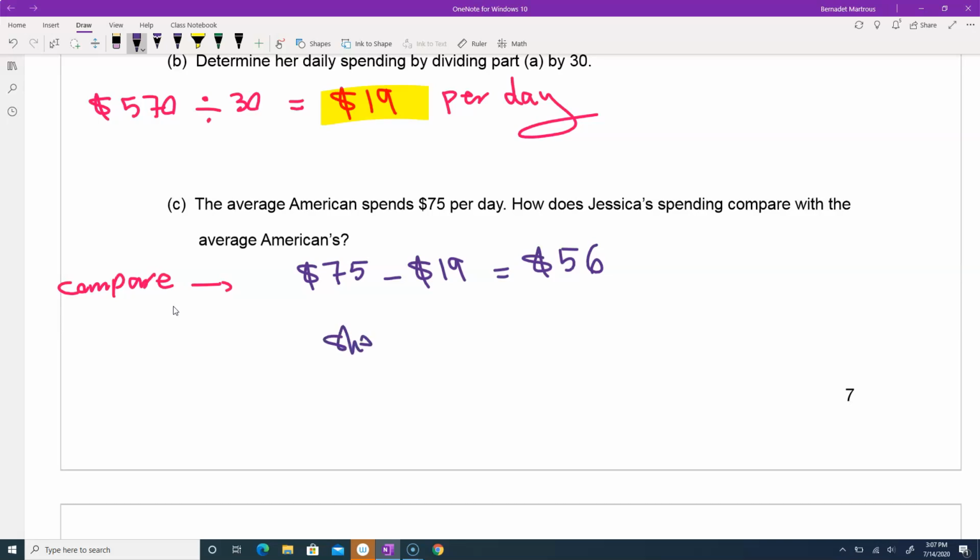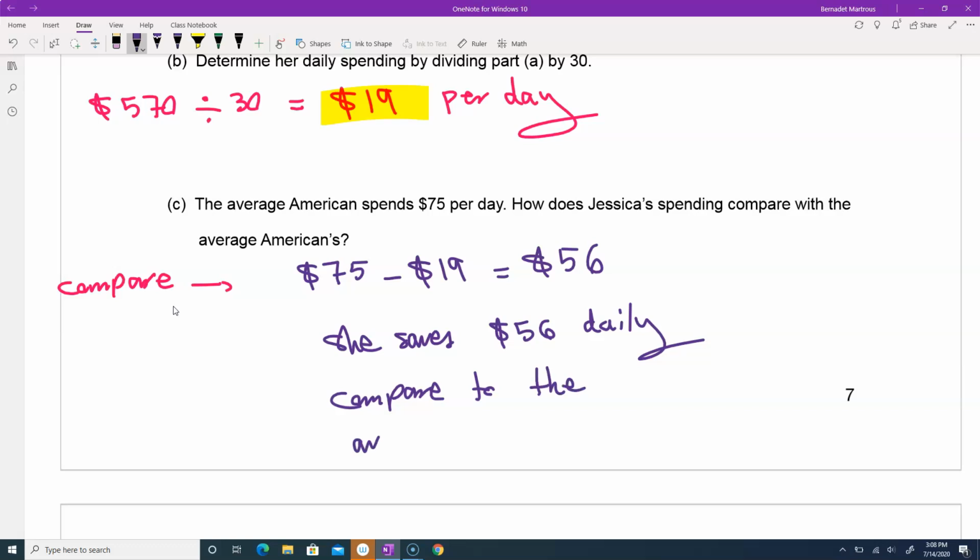So she saves this much daily compared to the average American.